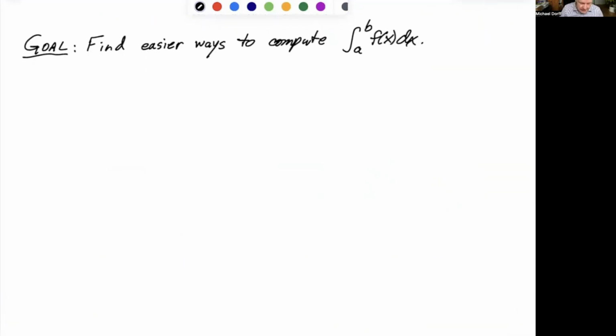Now that we've talked about how integrals can be represented as the area under a curve above the x-axis, and that we can approximate those with rectangles, and then if we take the limit so that we have an infinite number of rectangles under there, that becomes our definition of the integral.